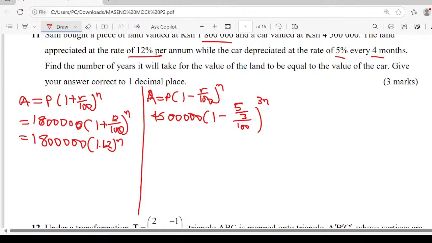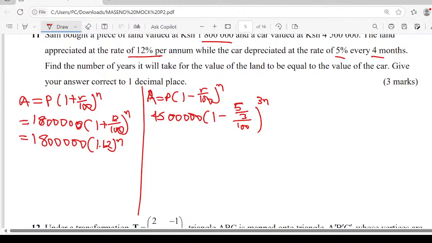Just a moment. So for these two amounts to be the same, let me see something here on my side. 5% divided by 3, divided by 100, 1 minus that. 5 for every 4 months.